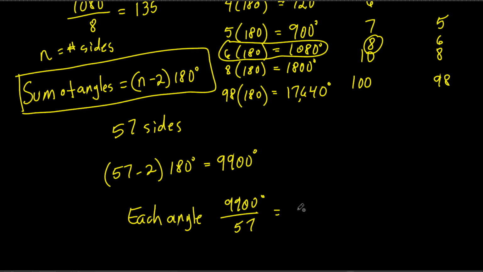It's probably some weird answer. 173 point 6 8, so let's say 7. Degrees, approximately. So that's what each angle would be if you had a figure with 57 sides, and if it was a regular polygon.